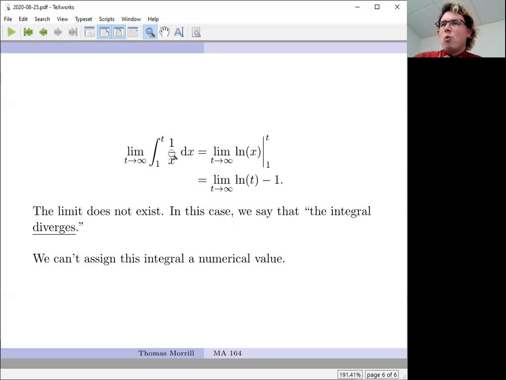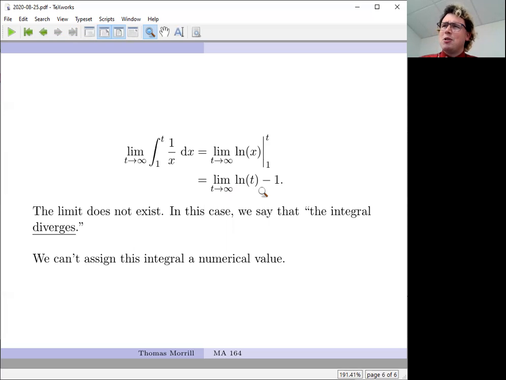The antiderivative for 1 divided by x is, of course, the natural log function. So the fundamental theorem of calculus says that inside of the limit here, I have the natural log of x. I evaluate at x equals t, and I subtract at the point x equals 1. So I'm taking the limit as t goes to infinity of the natural log of t minus 1.